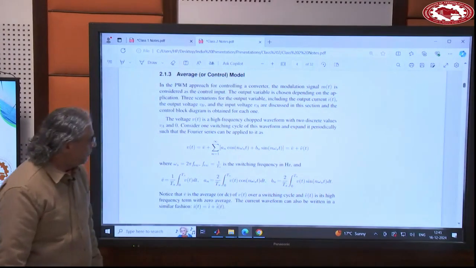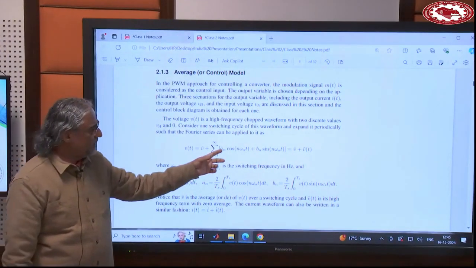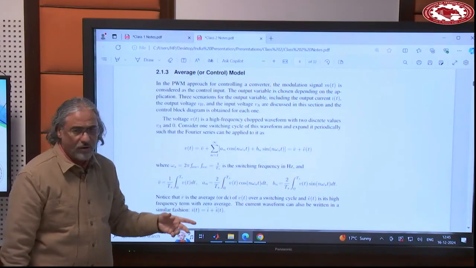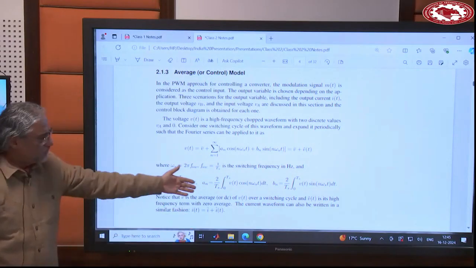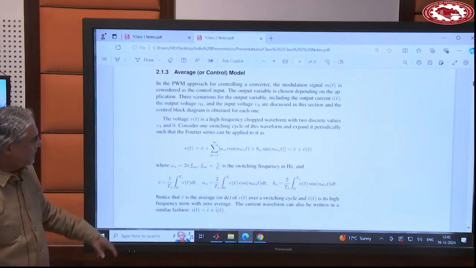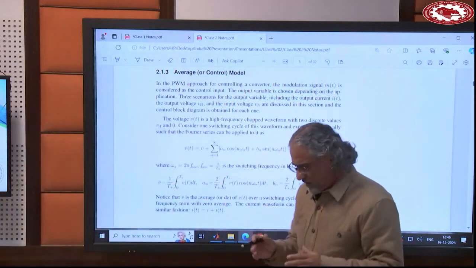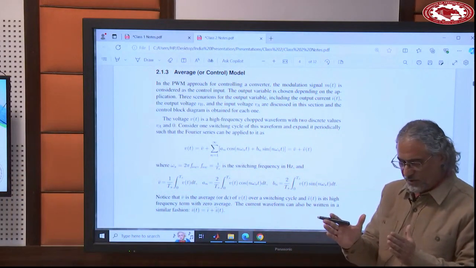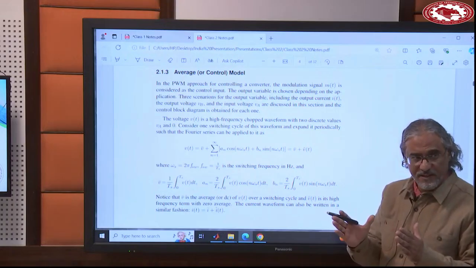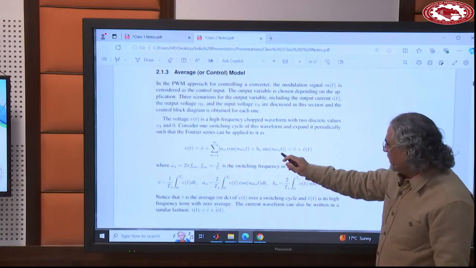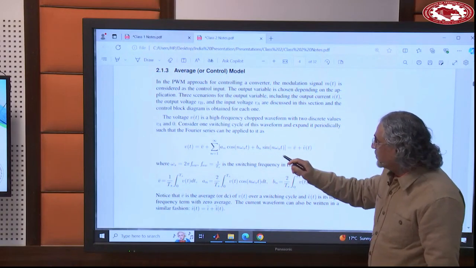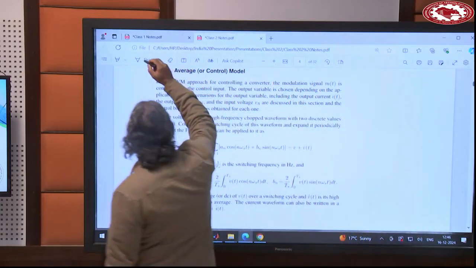And then the Fourier series tells you how to calculate an, bn, and the DC term, all those things. These are the equations that you all know. In our case, switching is happening, so the cycle period is one switching cycle. So this omega s here is the switching frequency in radians per second.